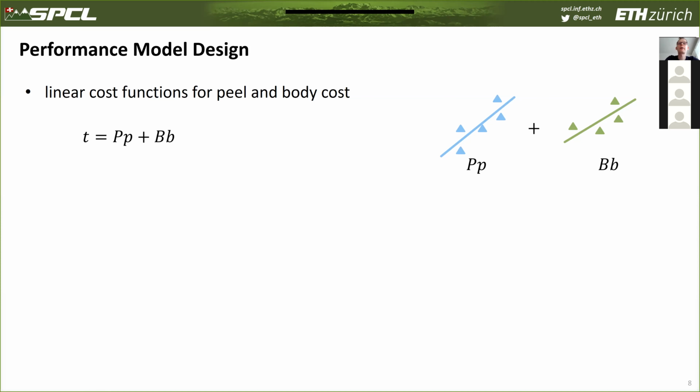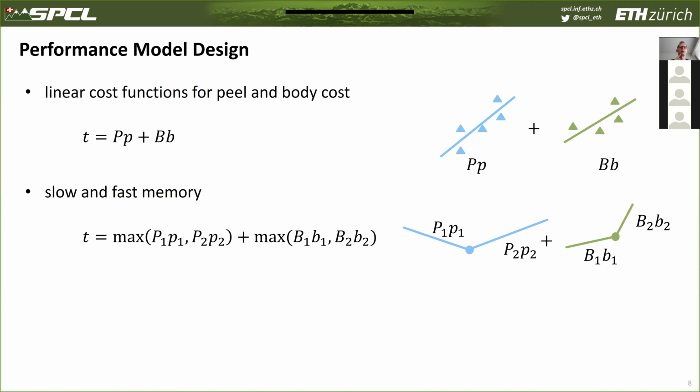Uppercase letters are always constants in our ILP, while lowercase letters are variables. Variables are, for example, how many cache accesses we have if we want to model the performance of the cache. And the uppercase P translates from number of cache accesses to an execution time. And these uppercase P and B, these constants, are actually the learned performance model parameters.